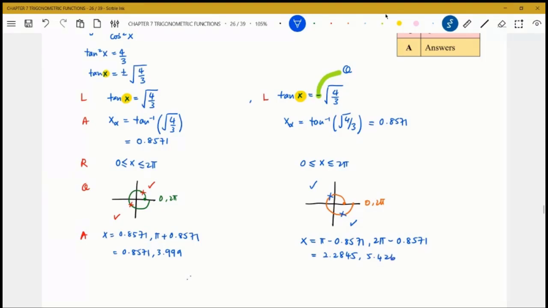So final answer kita akan gabung ke empat-empat angle ni. So we're going to have 2.2845, 3.999. We put in ascending order. Okay. So that's for the example A.